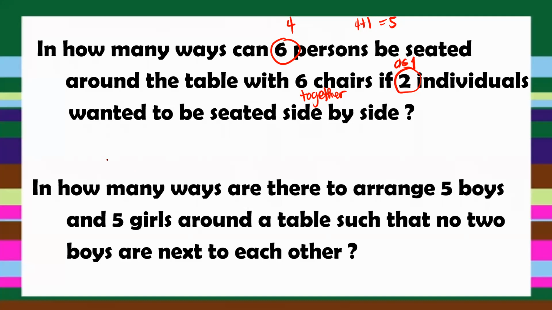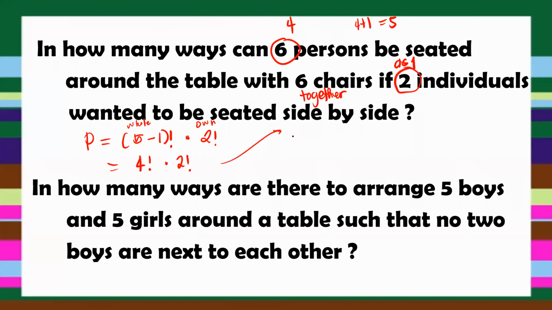So we have here permutation is equal to 5 minus 1 factorial. This is the whole. And of course, they also have their own. Pwede silang magpalit dalawa. And that's 2 factorial. So we have here 4 factorial times 2 factorial.